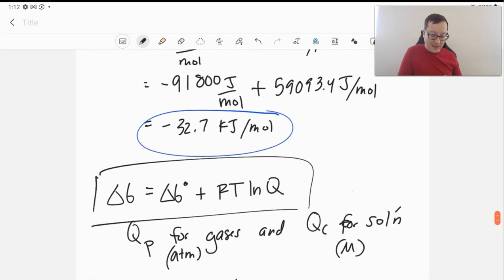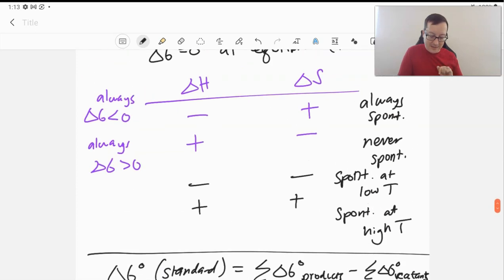So we have a negative delta H, a negative delta S. We see that this is spontaneous at low temperatures, according to this, negative for both. So as we keep raising the temperature, eventually we'll reach the point at which it is no longer spontaneous. So you can finally stop our favorite reaction from happening by heating this all the way till some crazy high temperature, maybe 1,500 degrees Celsius or something.